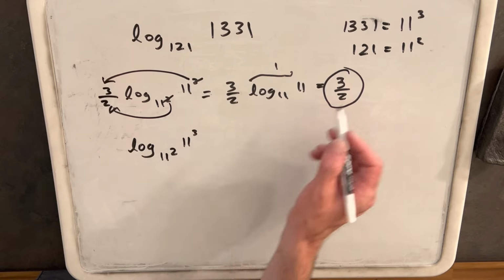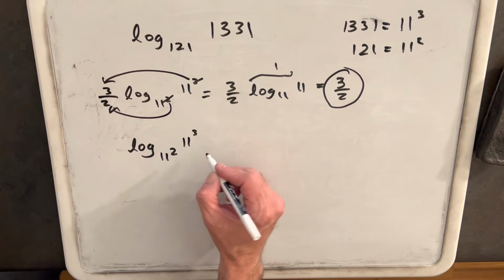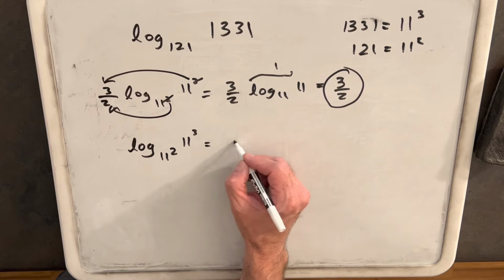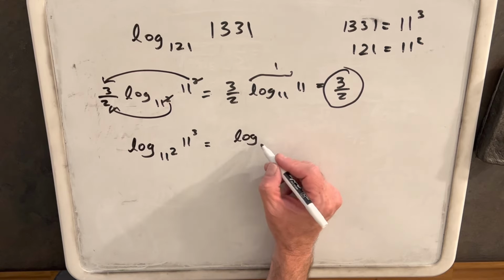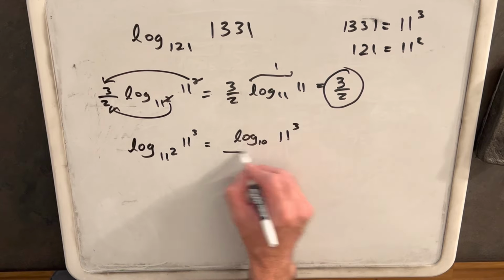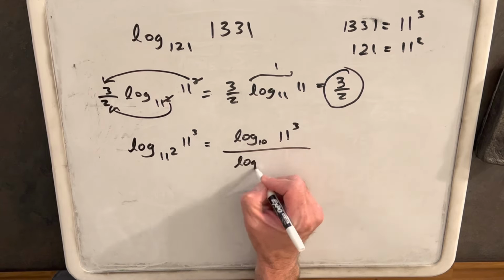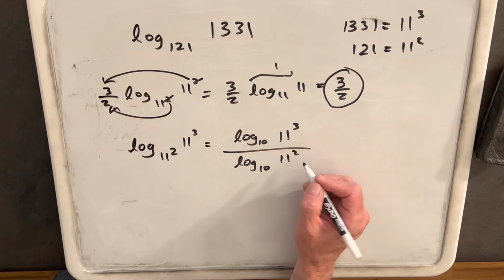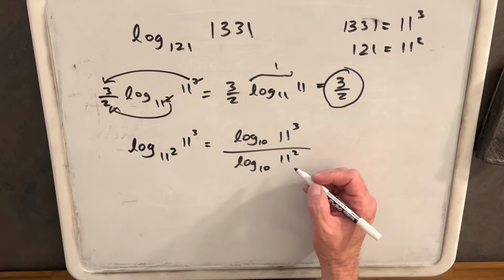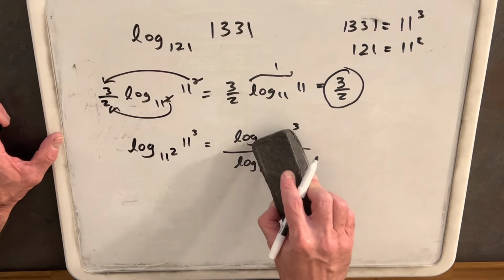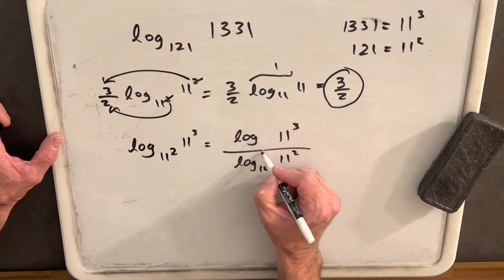So we had the change of base in the last one, so I'm not going to write it out again, but the change of base formula would allow us to write this as log base, whatever, it can be 10, of 11 cubed over, in the denominator, log base 10 of 11 squared. Oh, that was silly. Instead of doing 10, let's make the base 11, because we can choose whatever we want.